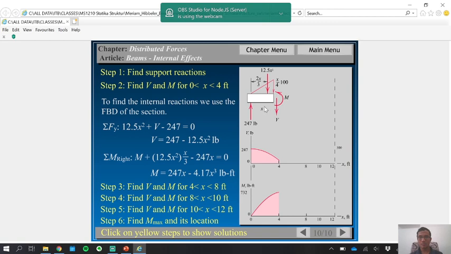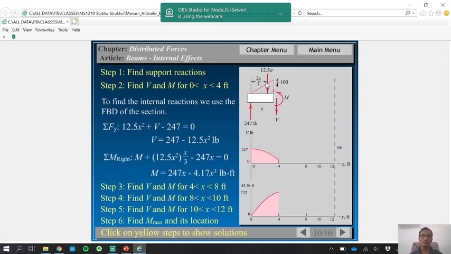So multiply x with the height, x per 4 multiplied by 100, then divide by 2 because it's a triangle. x per 4 multiplied by 100 is 25x, so 25x multiplied by x divided by 2 is 12.5x squared. That's the represented concentrated force at this point, at a distance of 2x per 3 from the left edge.